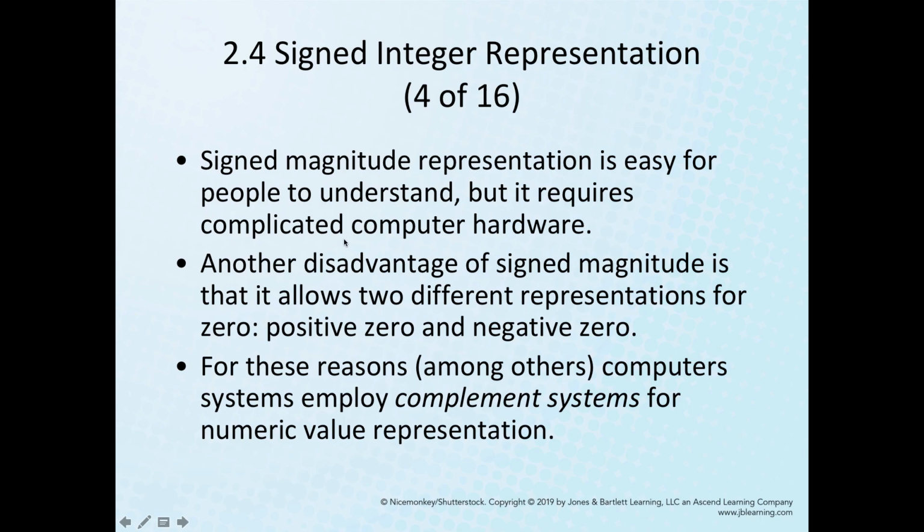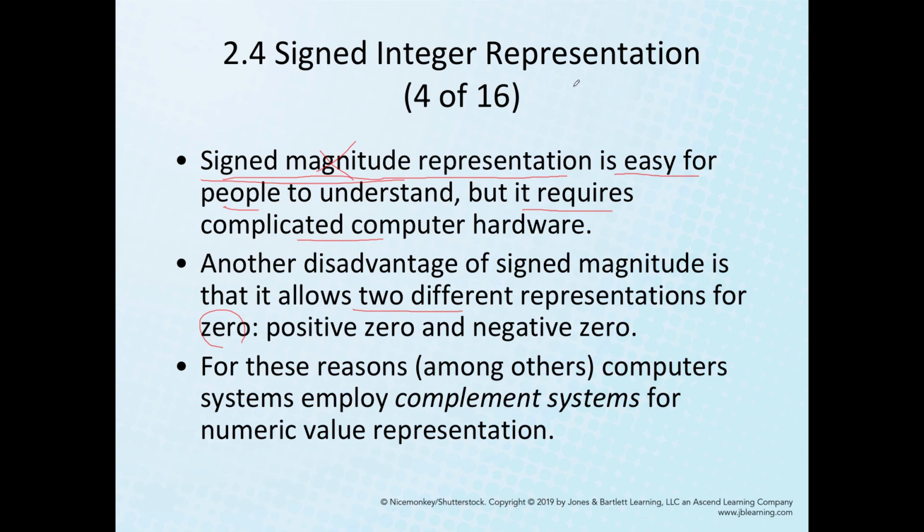However, this signed magnitude representation is easy for people, but it is complicated for computer hardware. So this one is not actually used in computers. Another disadvantage of signed magnitude representation is that we have two different representations of 0, positive 0 and negative 0.